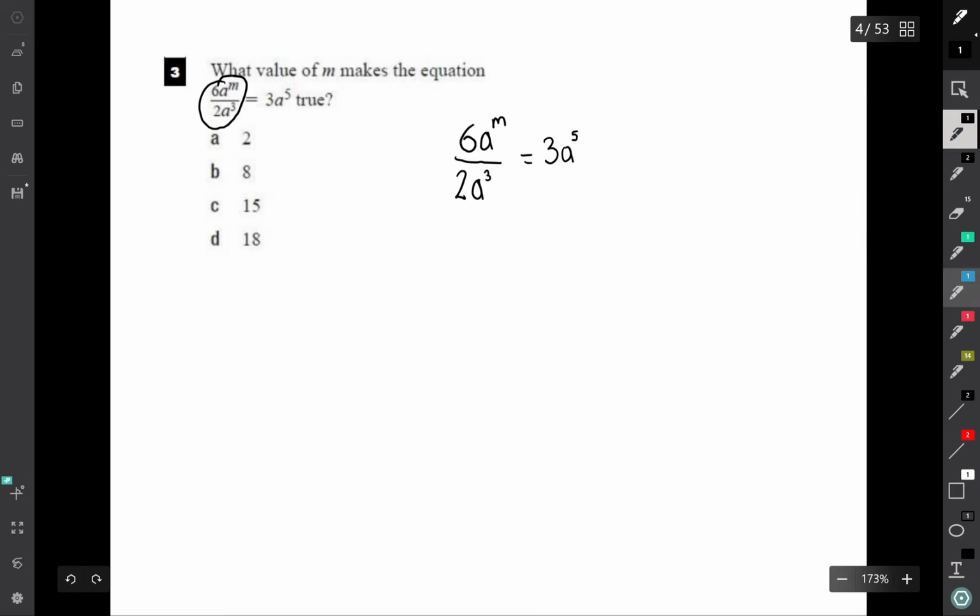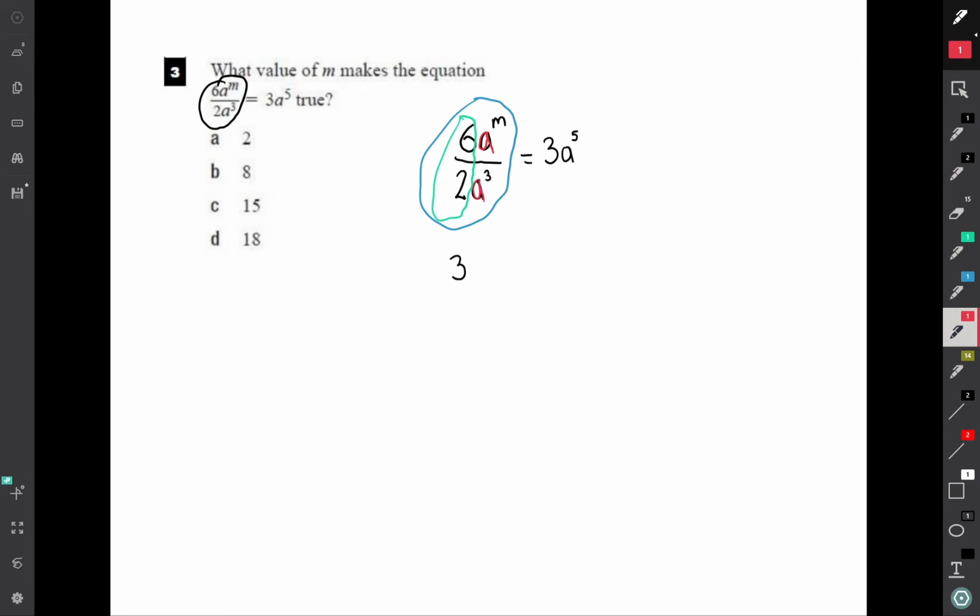So now I'm going to simplify the left side. I'm going to start by simplifying my coefficients. 6 divided by 2 is equal to 3. And then here we have two exponents that have the same base. They both have a base of a. So we can use the exponent laws to simplify this, and this is where we have the quotient law.